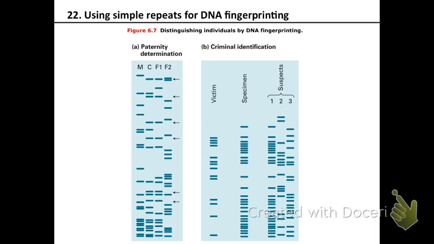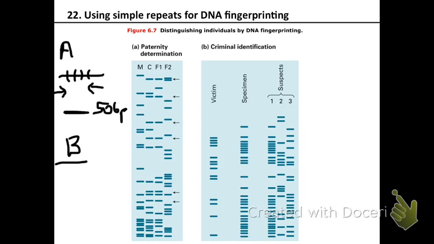So let's say that in person A, you have a repeat region where you have 4 repeats, and you have PCR primers that are amplifying this repeat. Let's say you're getting a 50 base pair product. When you run it on a gel, you're going to see a 50 base pair product. In person B, you have, let's say, 8 of these repeats when you PCR amplify with exactly the same primers.